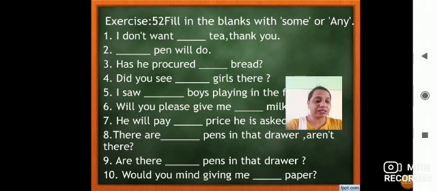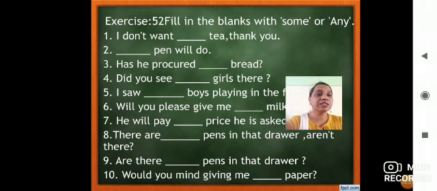What is the answer? Tell me. Next is, the sentence is in negative. So, what should come? Any tea. Next is, any pen will do.